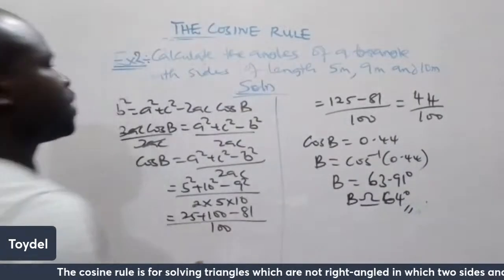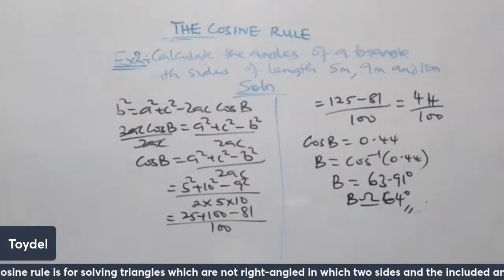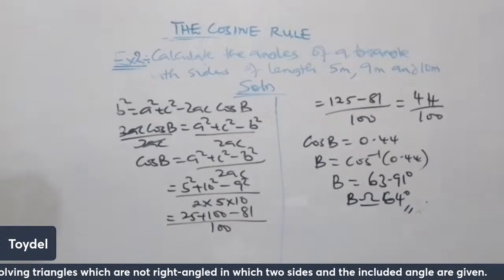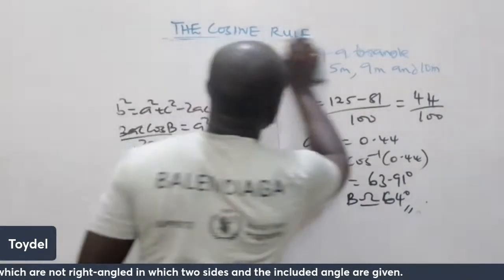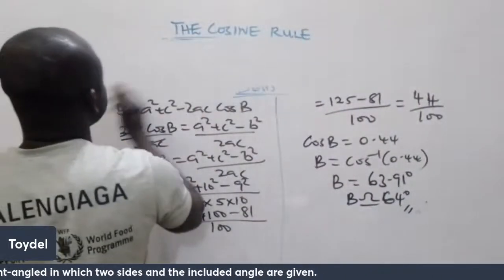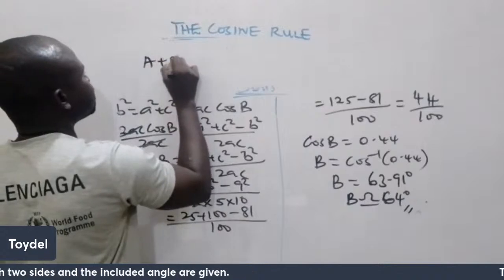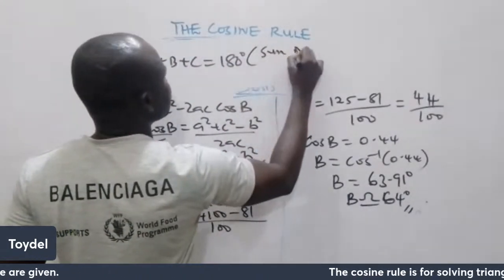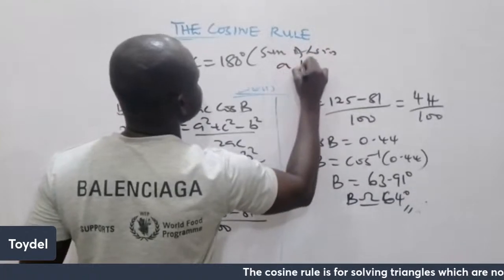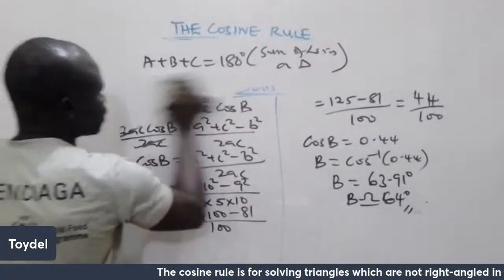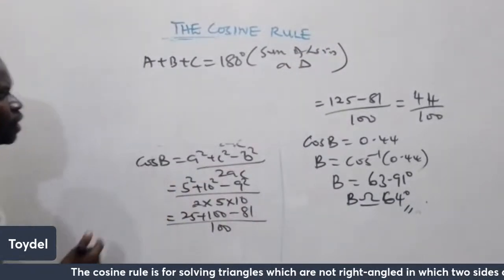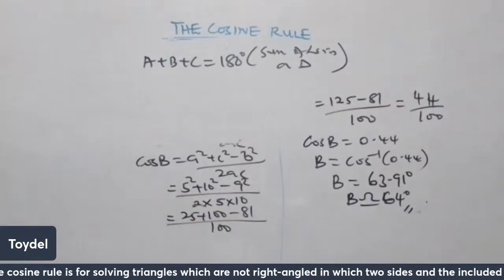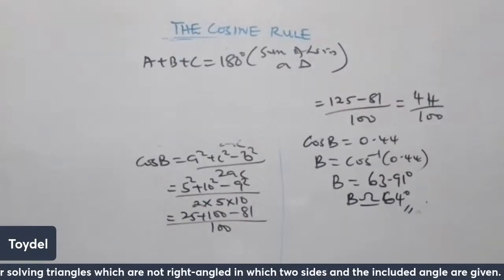So we've gotten the value of A, and we have gotten the value of B. So how do we find C? Just use the sum of angles in a triangle to get that. A plus B plus C is equal to 180 degrees. We got the value of A as 30.